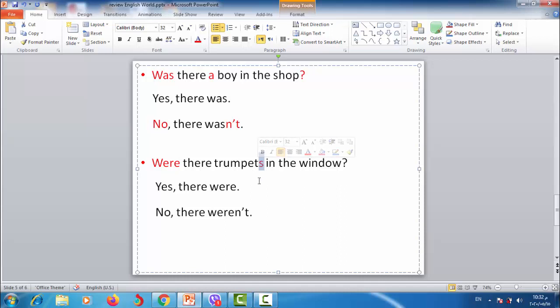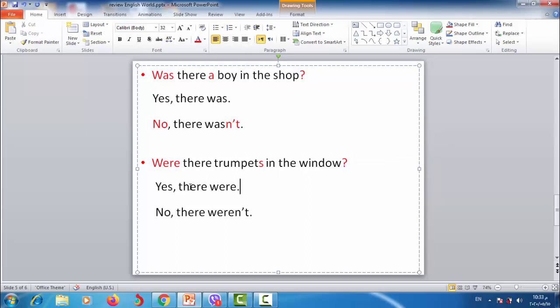We didn't say trumpet. If we said trumpet, then it would be was. So, were there trumpets in the window? Were is at the beginning because it is a question sentence.